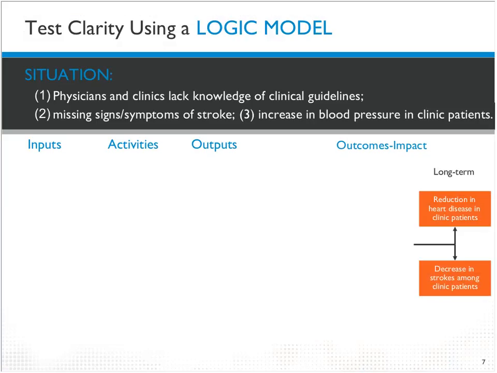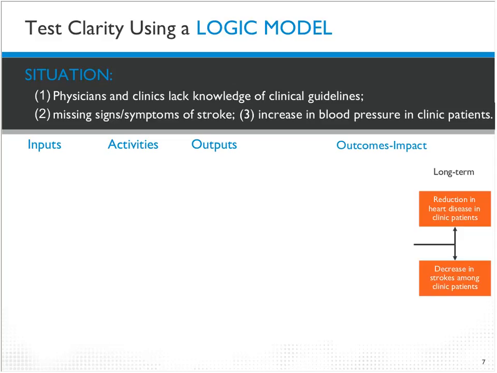So let's look at the other bookend of the logic model, the long-term outcomes. If we implement this solution or this program, what is it that we're trying to address or correct about this problem? Well, the long-term goal would be that we would expect to see a reduction in heart disease in these clinic patients.